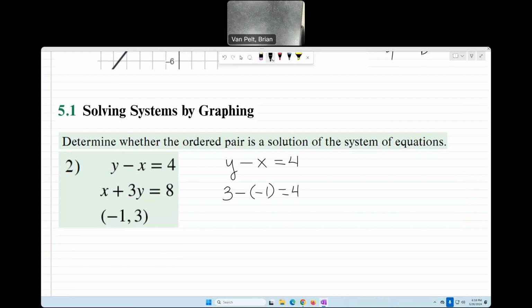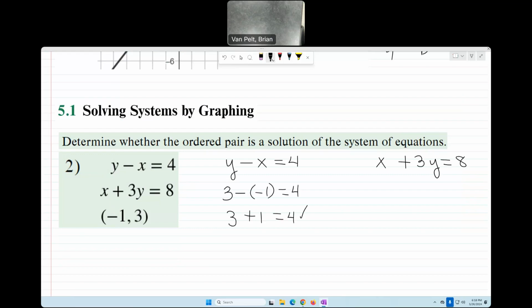The left side is 4 and the right side is 4, isn't it? Double negative changes to a positive. It's 3 plus 1. So it works in the first one. It also has to work in the second one.